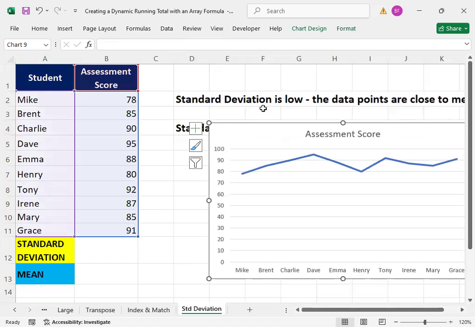Now let's calculate the standard deviation for these scores. We'll use the STDEV.S function because we have a sample dataset, not the entire population. So let me show you the standard deviation here.